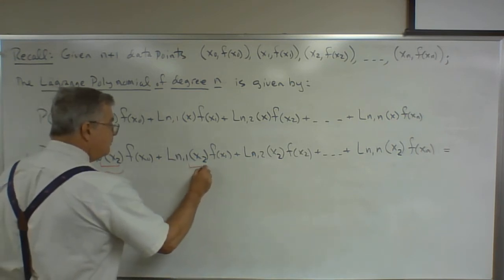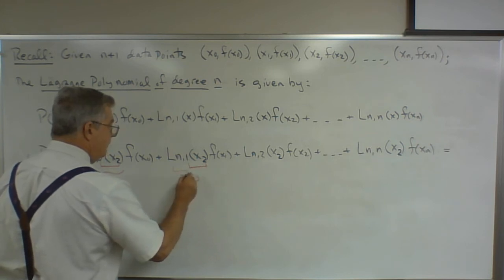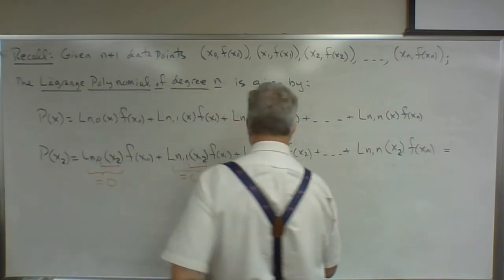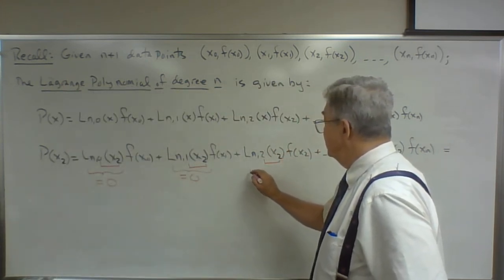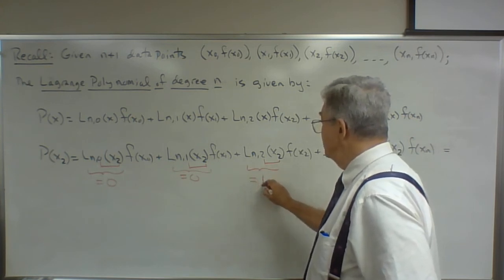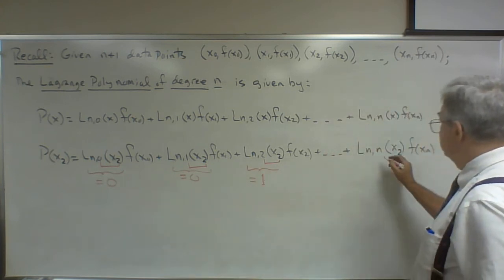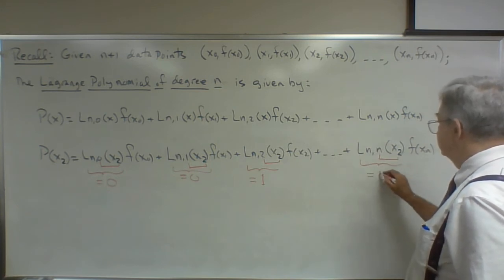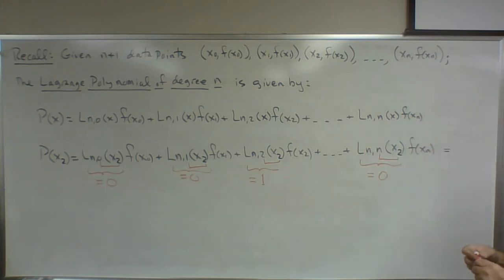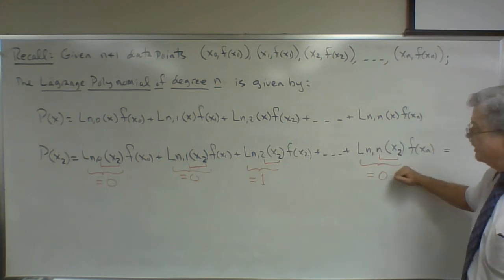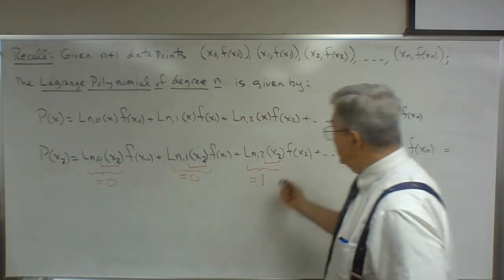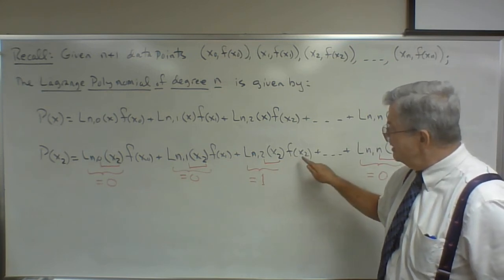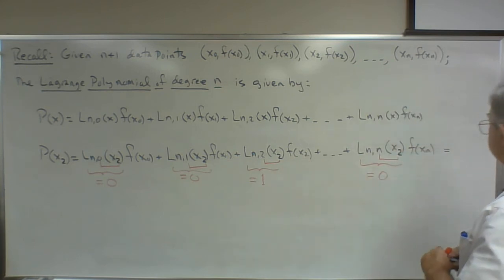These two subscripts don't match, so this thing is 0. These two subscripts do match, so this thing is equal to 1. These two subscripts don't match, so this thing is equal to 0. Every term is equal to 0 except for this term, and this term is equal to 1 times f of x of 2.